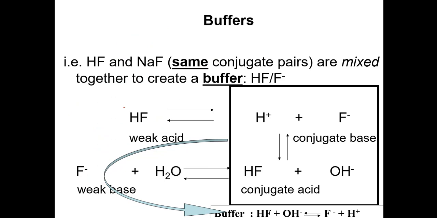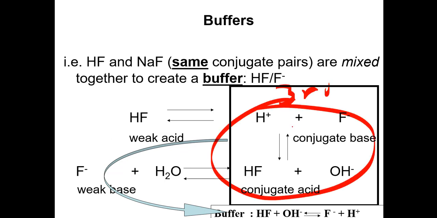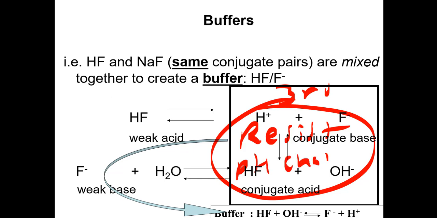So what's my point? Whenever you stick together a weak acid and a weak base, and they share the same conjugates, there's going to be a third equilibrium reaction that occurs. And this equilibrium reaction resists pH changes.